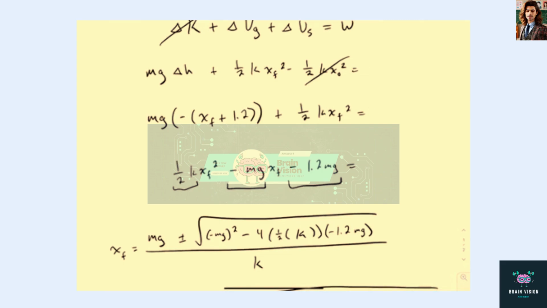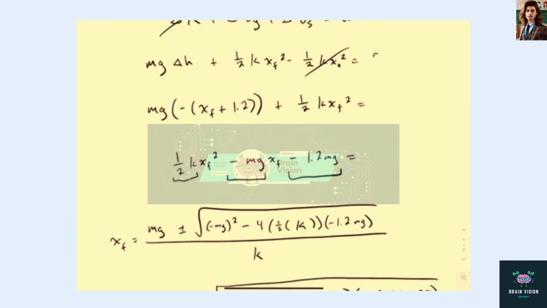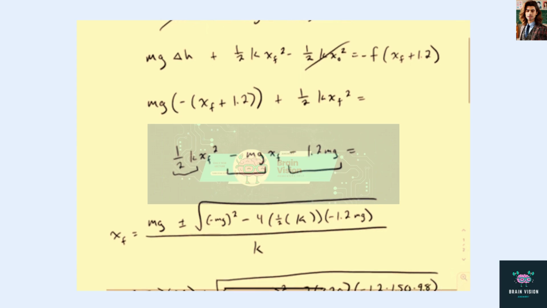So this is, I'll just call it little f for the force times however far it's going to act upon, which is x final plus 1.2. That's the total distance the object travels. And then it has to be negative because the work is resisting, so it's pointing up, and the object is going down, so they're in opposite directions.